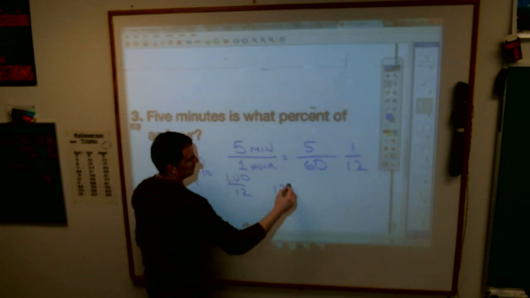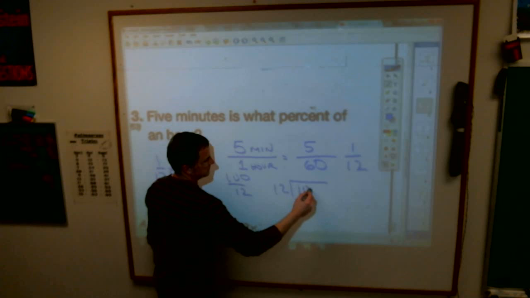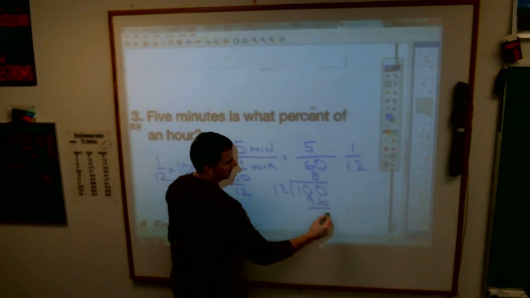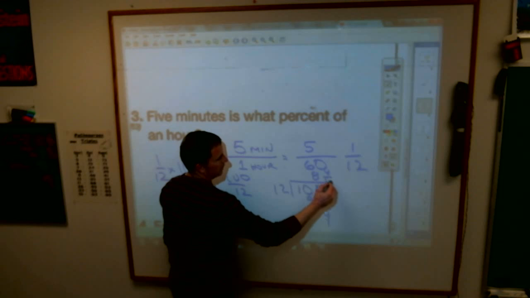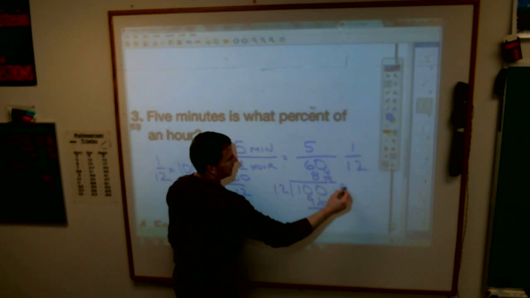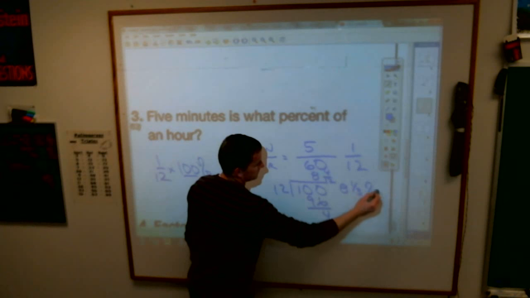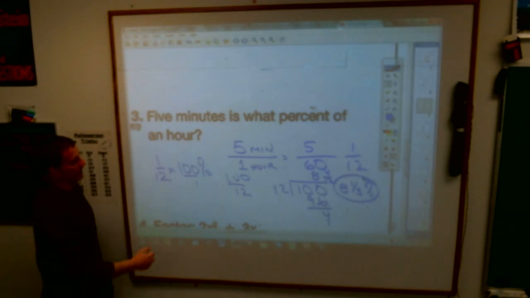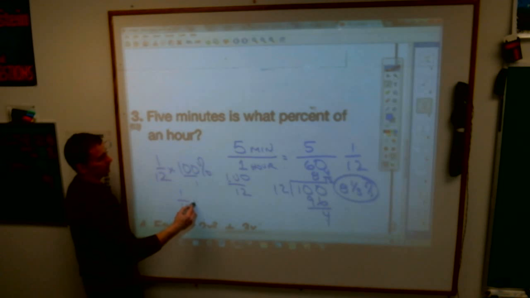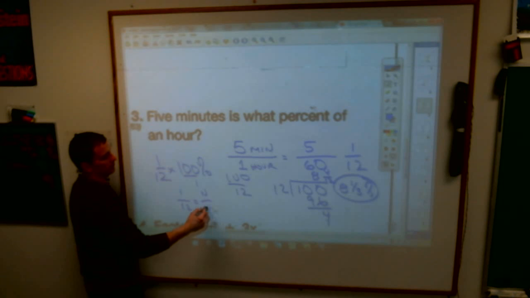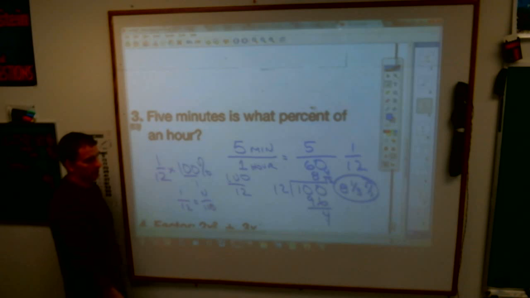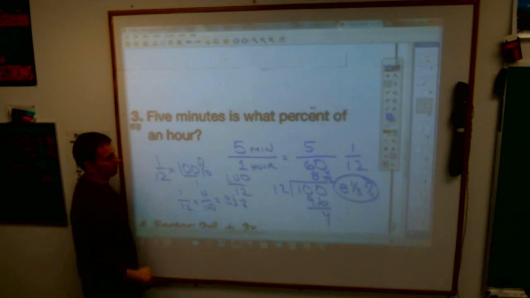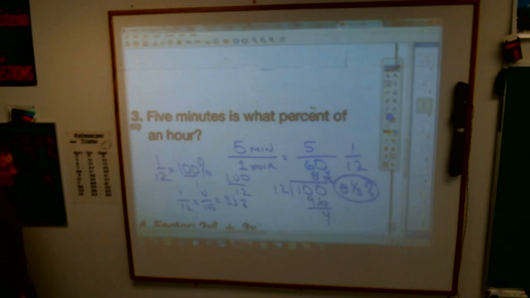You divide 12 into 100, that'll tell you your percent, which happens to be 8, remainder of 4/12, which we change to 1/3 of a percent. You could make a ratio box, you'll still get the same thing. 1/12 is what number over 100? You'll still get 8 and 1/3. Either way, it works.